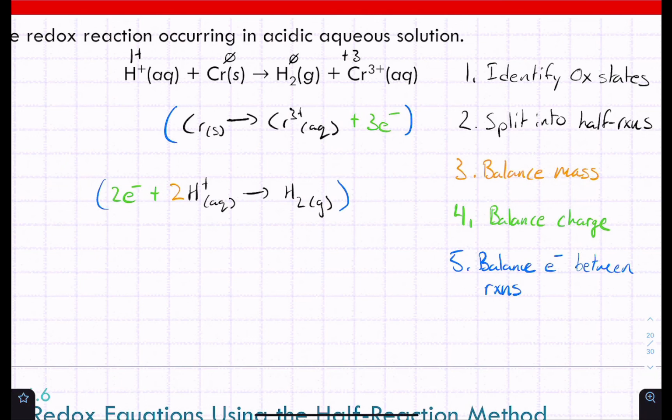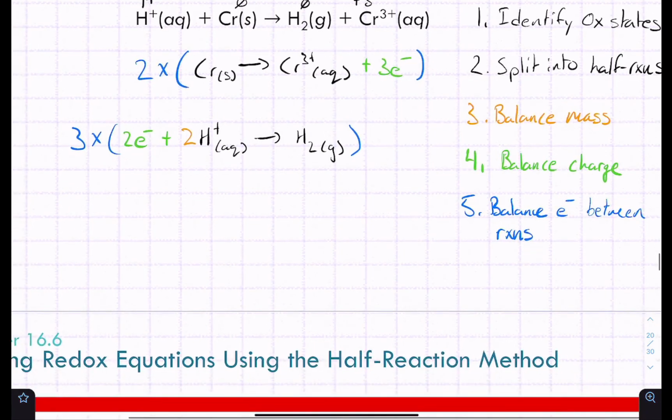If we have 3 electrons here and 2 electrons here, hopefully you're beginning to pick up on this pattern: whenever we have 3 and 2 of something and we need them to be balanced, we multiply them by the other one, because we're going to end up with 6 electrons in each. So we multiply this top one by 2, multiply the bottom one by 3, because 6 is the least common multiple of 2 and 3.